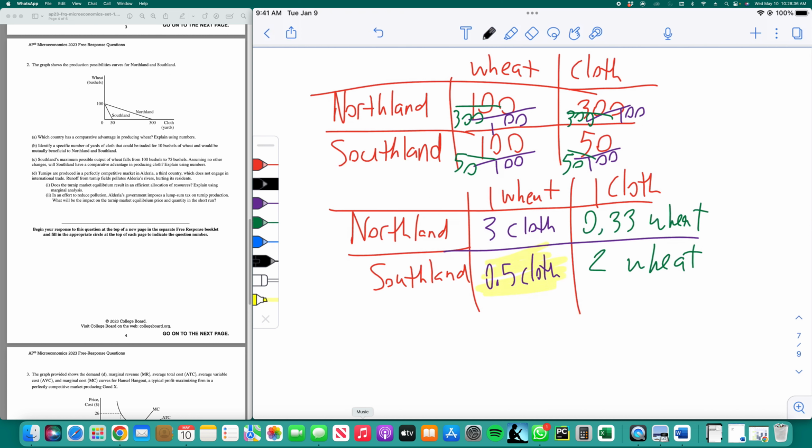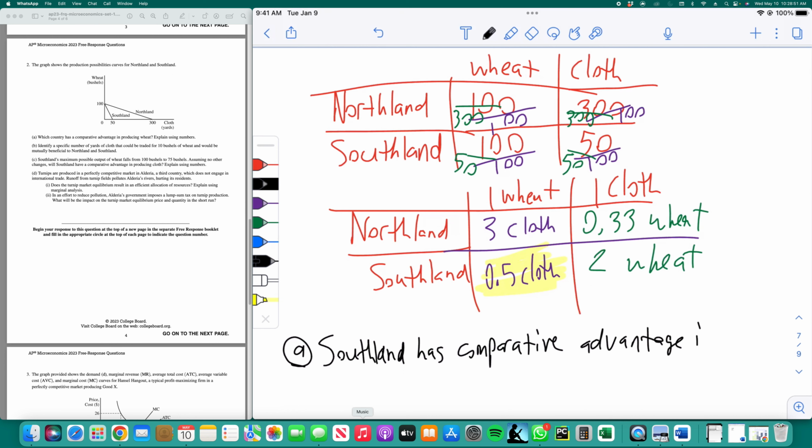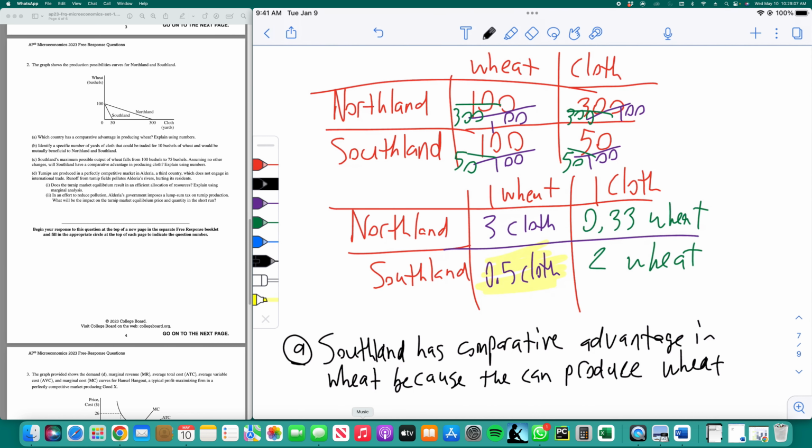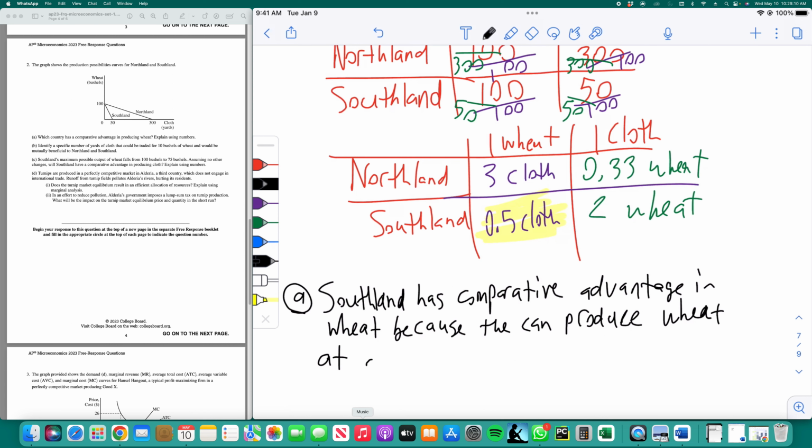So for A, what you would say is Southland has comparative advantage in wheat because they can produce wheat at a lower opportunity cost than Northland.